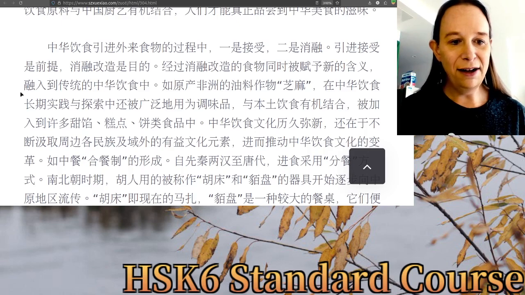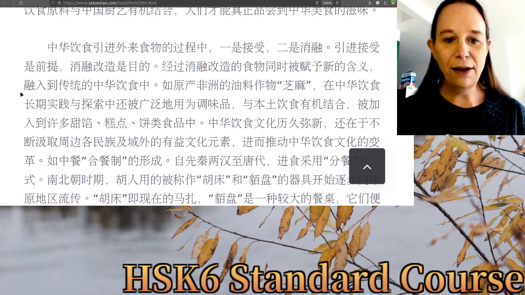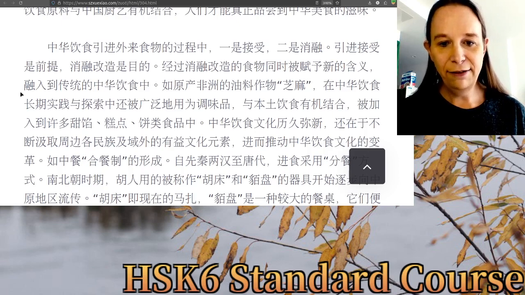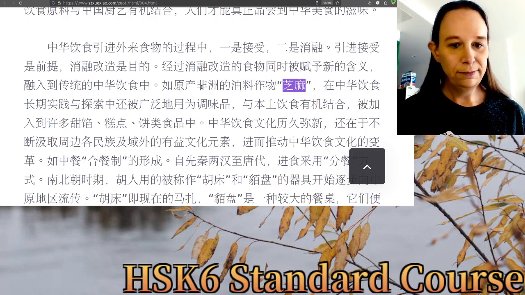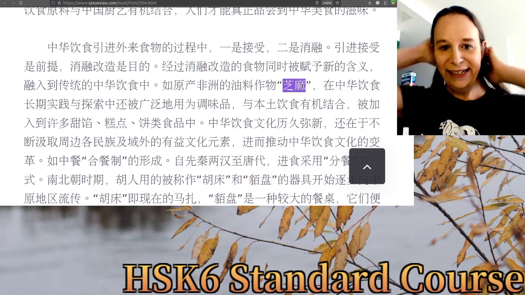融入到传统的中华饮食中，如原产非洲的油料作为芝麻。Okay, so 芝麻 sesame seeds, right? Originating in Africa.